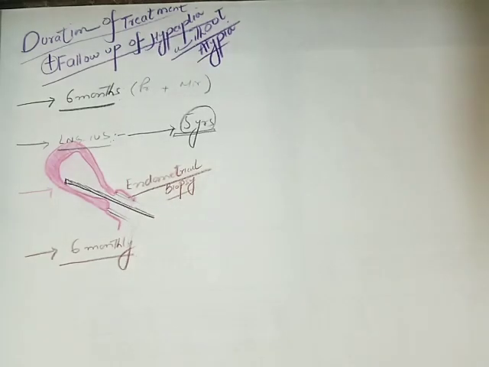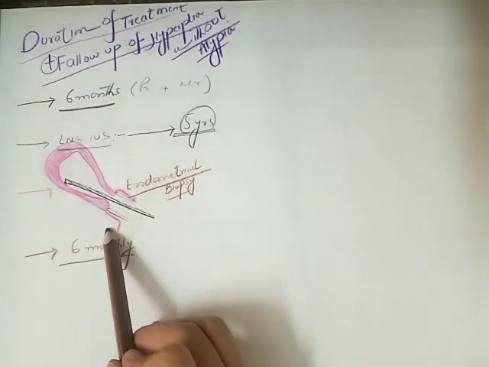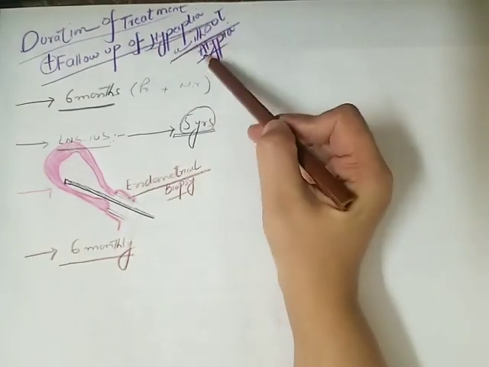And at least 2 consecutive 6 monthly negative biopsies should be obtained prior to discharge.